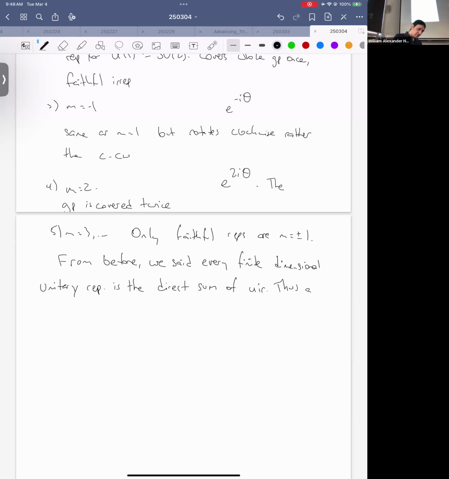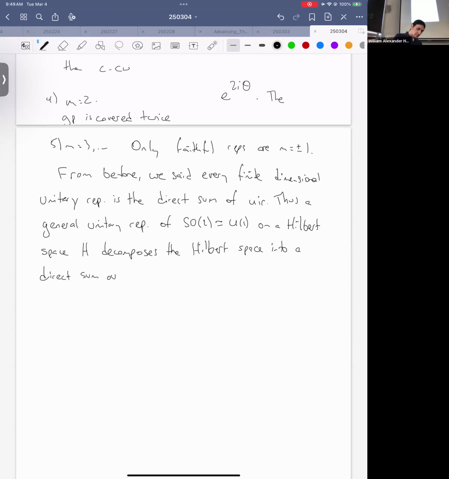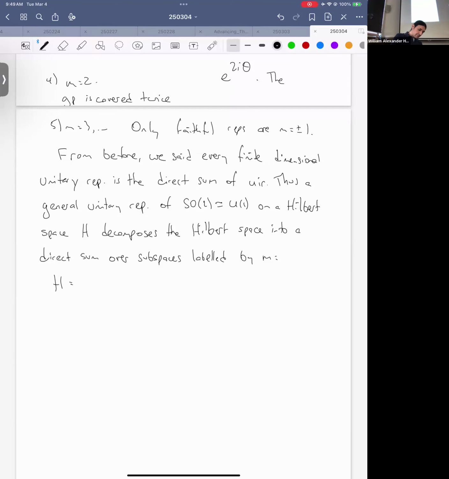So thus a general unitary rep of SO(2), which is the same thing as U(1), on a Hilbert space H decomposes into a direct sum over subspaces labeled by m. So our Hilbert space H is H_m1 direct sum H_m2, direct sum and so on, direct sum H_mn, direct sum and so on.